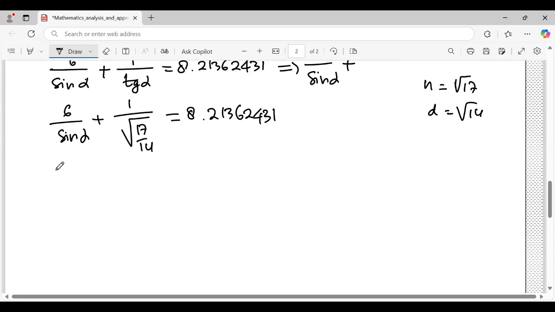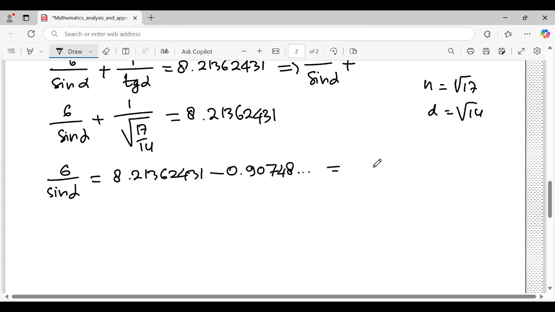And this number, if we calculate 6 over sine alpha, I will calculate first. 8.21362431 minus this number is 0.90748 and so on, and it equals 7.30613, so on.